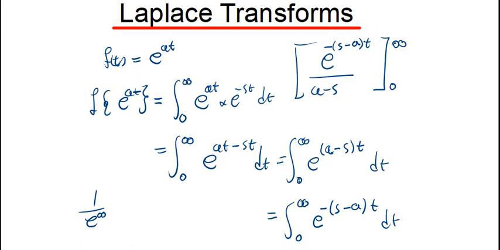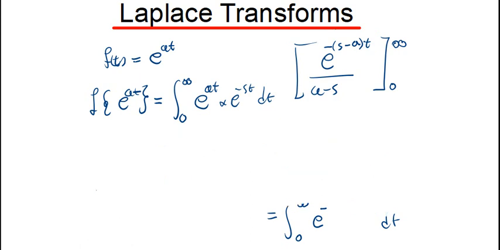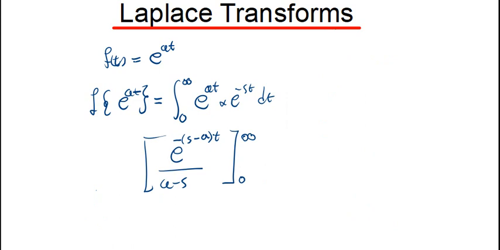So evaluating what we have right here, you observe that if you plug in infinity, this is just going to be 0, because this will be 1 over infinity divided by a minus s. That will be 0 divided by a minus s, which is 0.